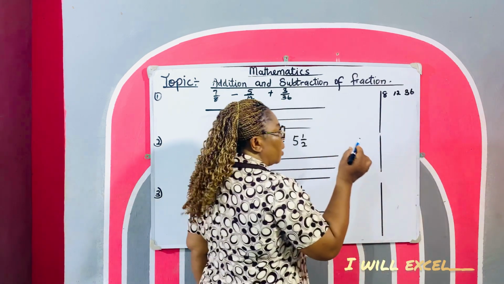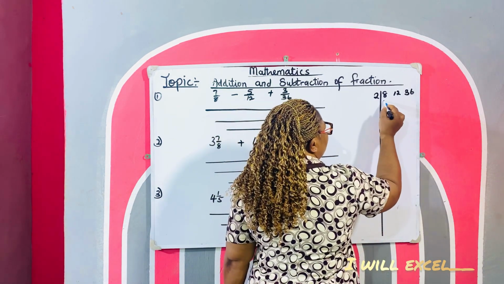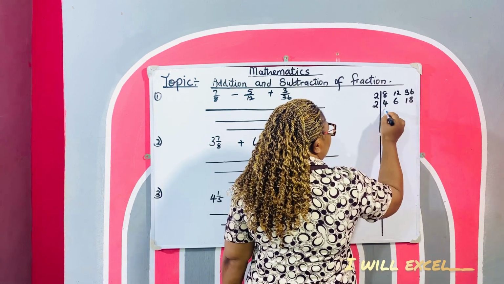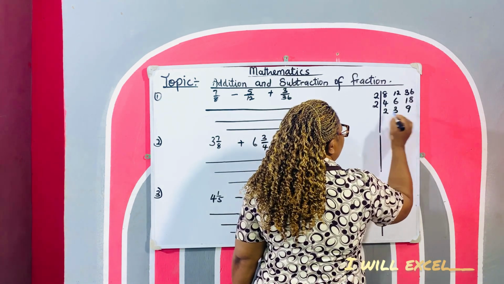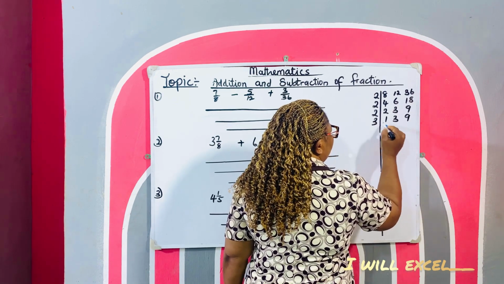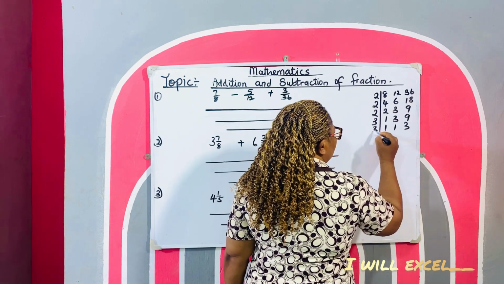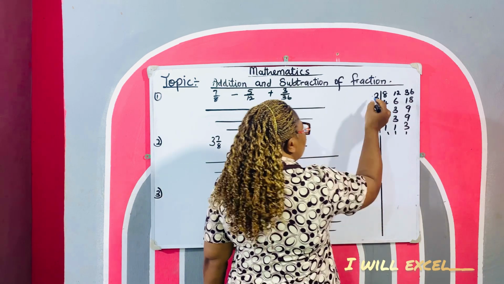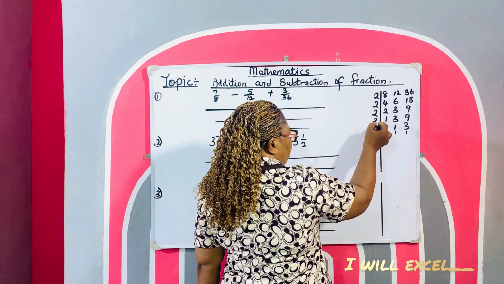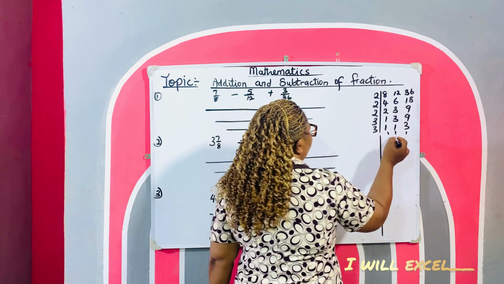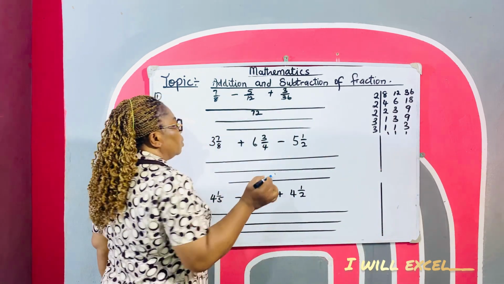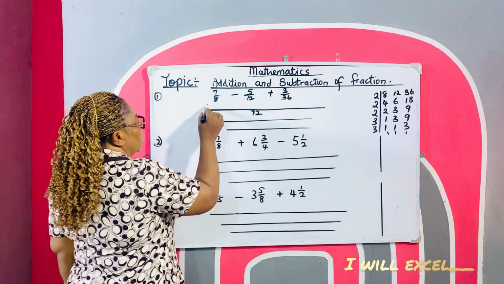We start with the number 2. 2, 4, 6, 2, 2, 3, 9, 2, 1, 3, 9, 3, 1, 1, 3, 3, 1, 1, 1. Okay. 2 times 2, 4, 4 times 2, 8, 8 times 2, 16, 16 times 3 will give us 72. Good.